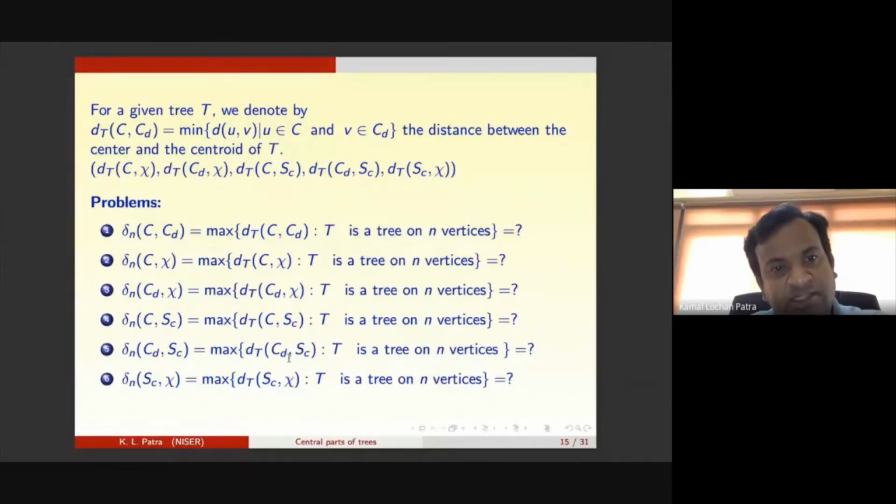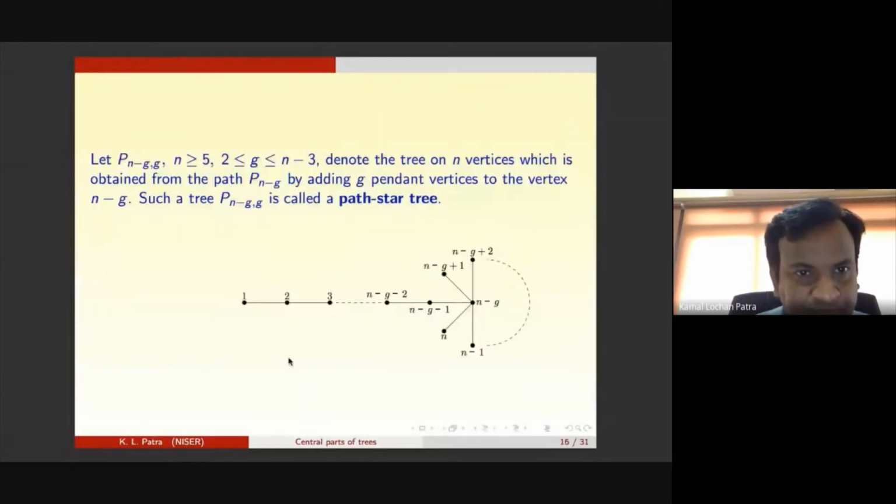So let's consider center and centroid first. For that, we define a tree we call the path star tree. You take any n greater than or equal to 5 vertices and a g which lies between 2 and n minus 3, and take a path on n minus g vertices. Then add g pendant vertices here.